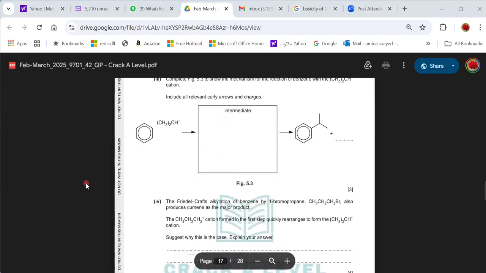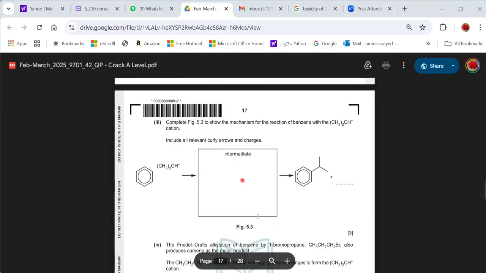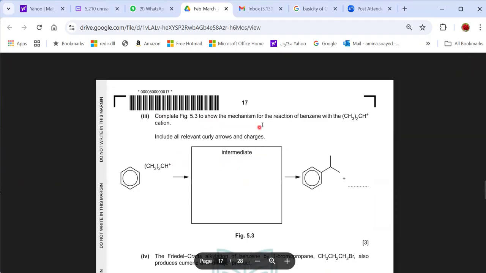Now it says complete figure 5.3 to show the mechanism for the reaction between benzene and the CH3CH positive cation. Include all relevant curly arrows and charges. So here we have to draw a curly arrow from the ring in the benzene to the CH positive that carries the positive charge.